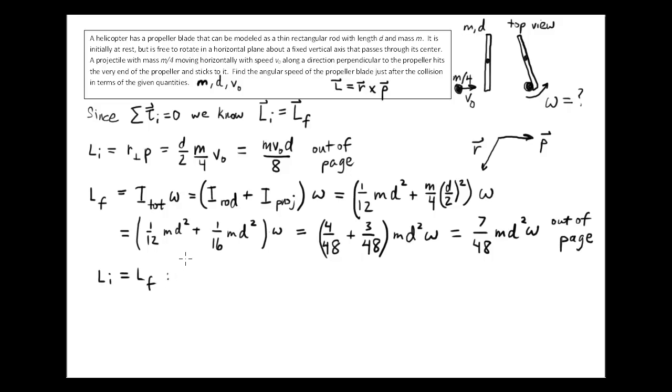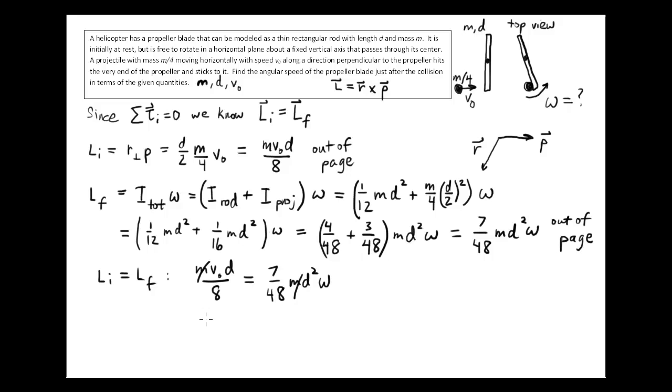What that gives us: L initial is mv0d over 8. L final is 7/48 md squared omega. We can divide both sides by the mass. It drops out. And one of the factors of d will drop out too. Then we multiply both sides by 8.